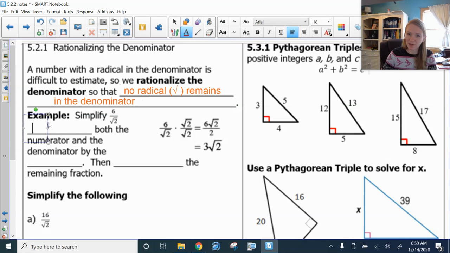Because it's easier to divide by a number than it is to divide by a square root. A square root is a number, but it's easier to divide by a whole number.